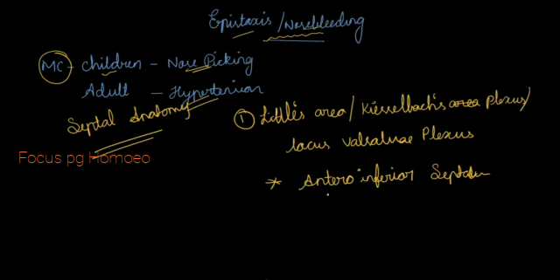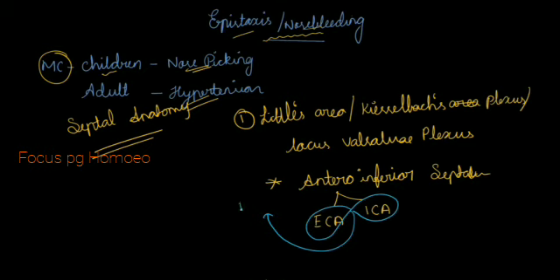This antero-inferior part of the septum is supplied by both the external carotid artery and internal carotid artery branches. Whenever there is a problem, leakage or damage to these arteries, that will lead to nose bleeding. The branches formed by both the ICA and ECA are easily remembered as LEGS.